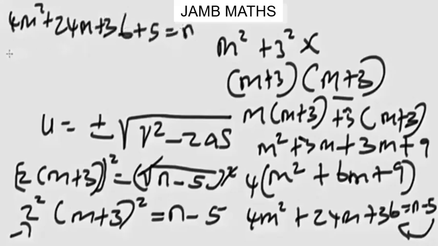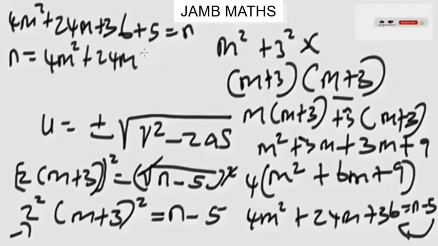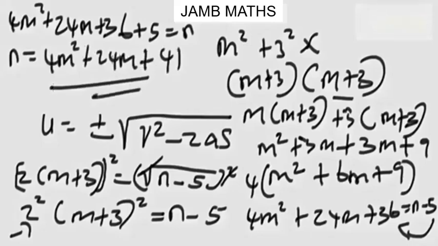Our final result n will be 4m square plus 24m. Now 36 plus 5 will give us 41. That's plus 41. And that will be the answer or the final result to this question. Okay, so it's as simple as that, guys.